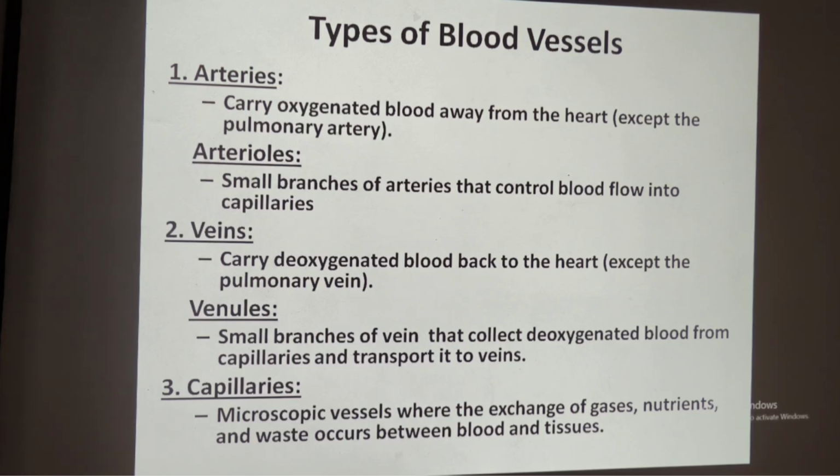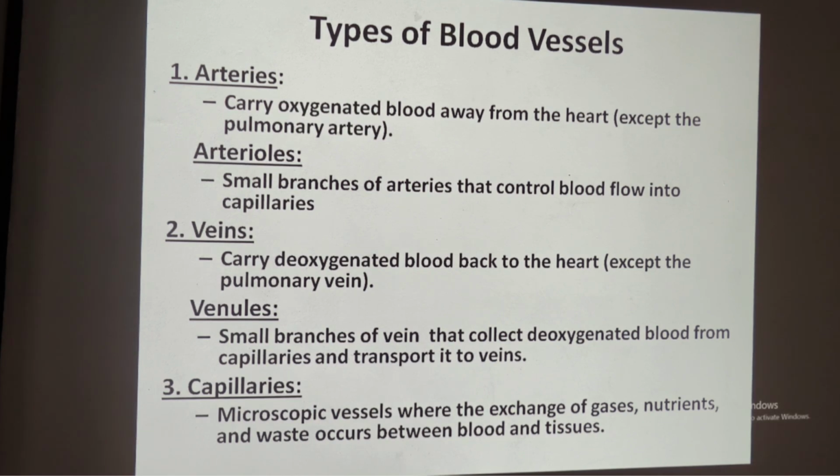The first one, arteries, which carry oxygenated blood away from the heart, except the pulmonary artery. About the pulmonary artery, we'll discuss in variations. The next one, arterioles, small branches of arteries that control blood flow into the capillaries. Veins, which carry deoxygenated blood back to the heart, except the pulmonary vein.